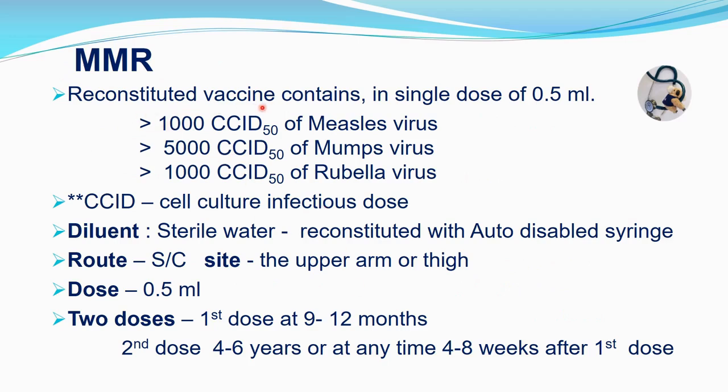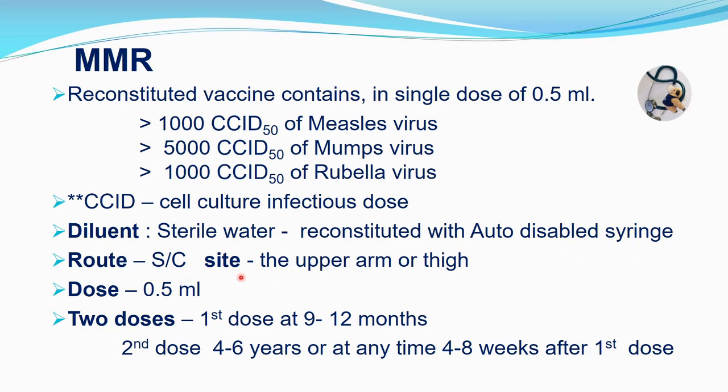The reconstituted vaccine contains in a single dose, 0.5 ml, more than 1000 CCID50. CCID50 is cell culture infectious dose, meaning the amount of virus required to infect 50% of the cell cultures. Similarly, more than 5000 CCID50 of mumps virus and more than 1000 CCID50 of rubella virus. Diluent is sterile water, reconstituted with the auto-disabled syringe.